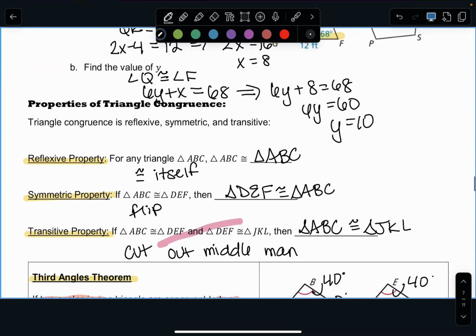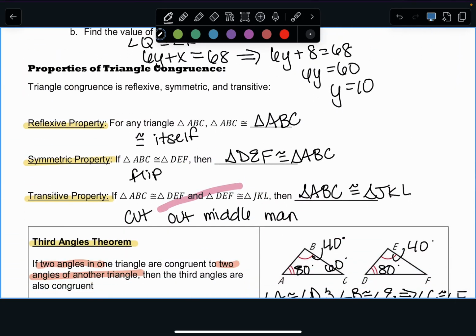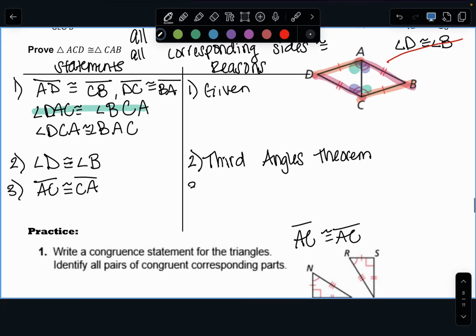What property does that use? Reflexive. Good. So by the reflexive property, we get side AC is congruent to CA. It looks a little bit different than our usual reflexive, but that's just because we flipped these 2 letters around. Still works.